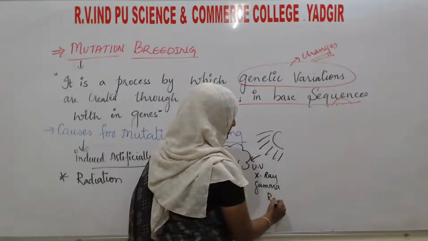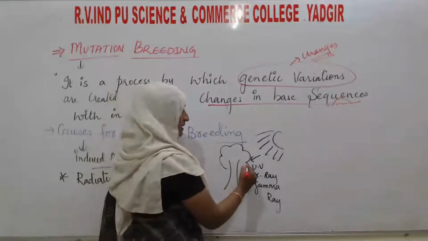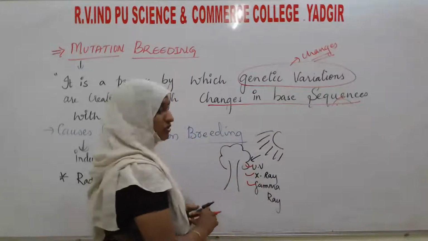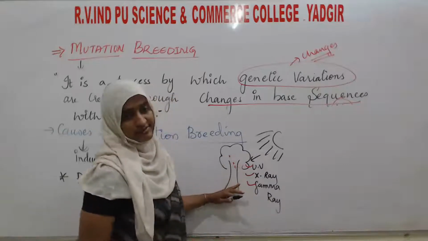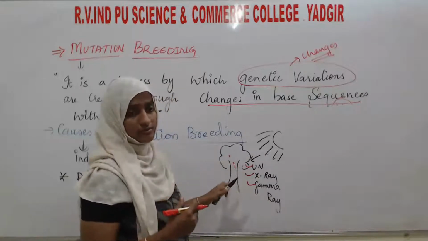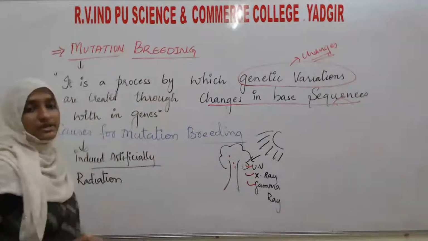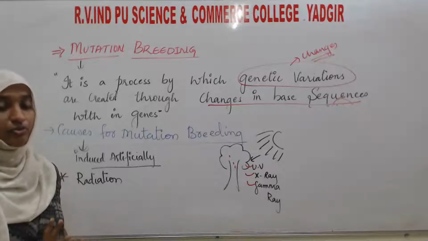All these rays, especially the UV rays, ultraviolet rays, X-rays and gamma rays, are going to create some changes in the plants, causing mutation.